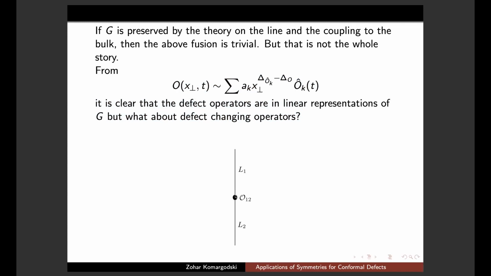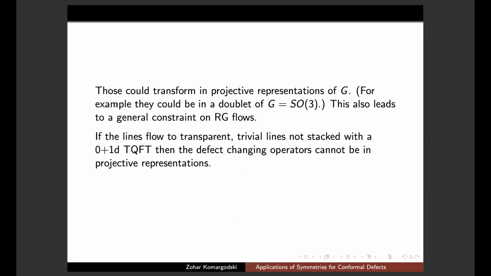It's very difficult to prove that defect changing operators are in G representations, and that's actually not true. If you have a local operator that changes one defect to another defect, it may not be in a linear representation of G. Those could transform in projective representations of G.